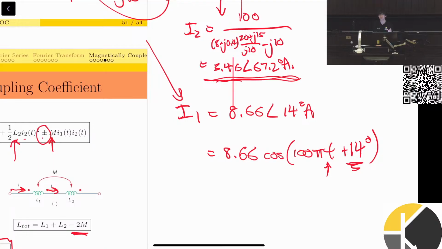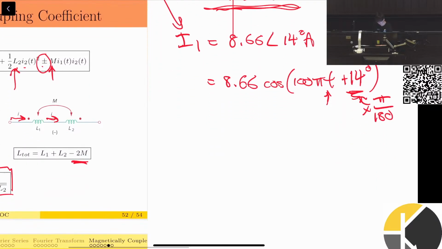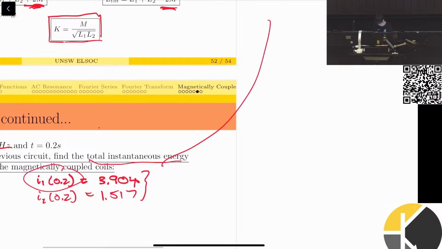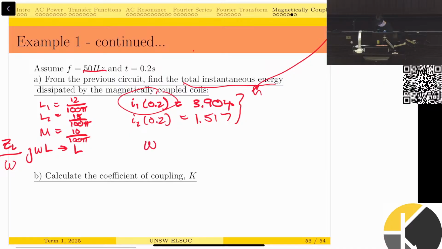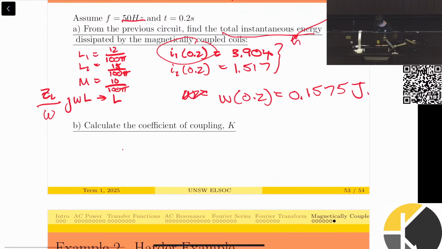So before I sub in anything, I need to make sure that this is multiplied by pi on 180. And that would give us our value that we have down here. If I sub in all the values, then my last answer, the energy at 0.2, is 0.1575 joules. And then the coefficient of coupling is just using all of these, and this is M over root L1 L2, which is 0.745.